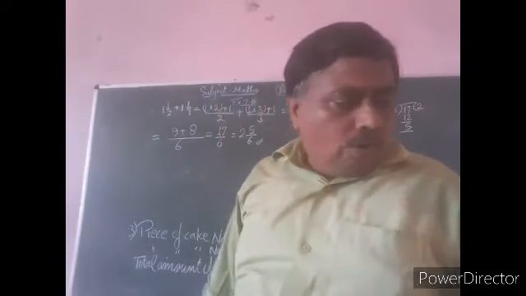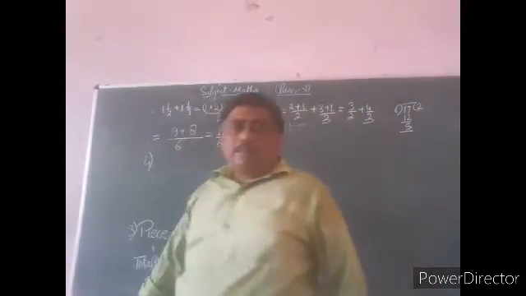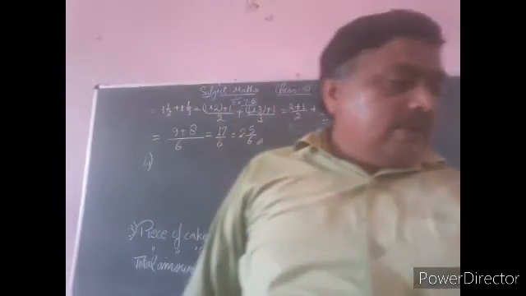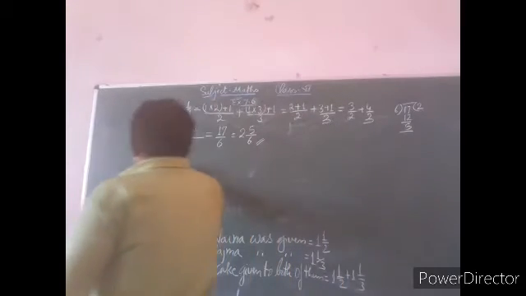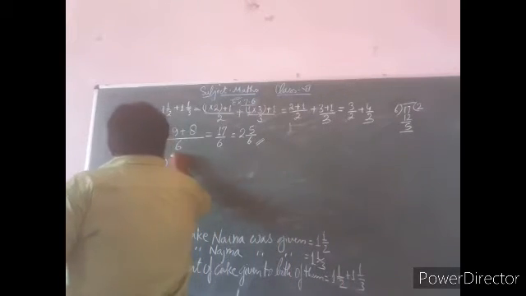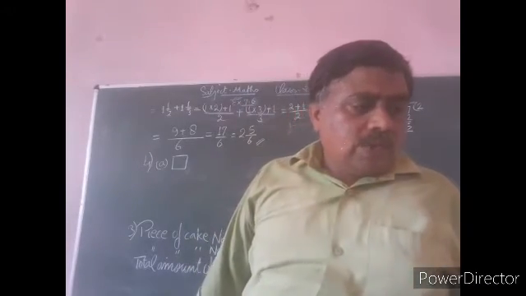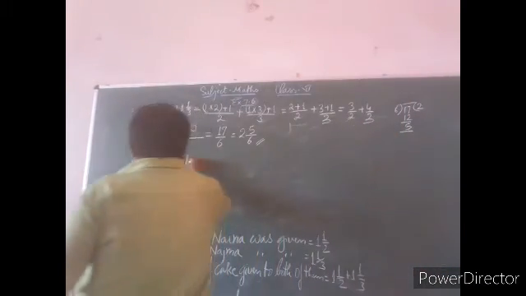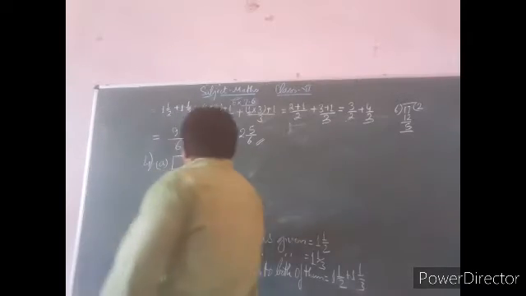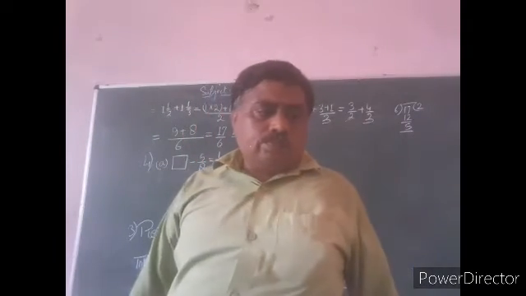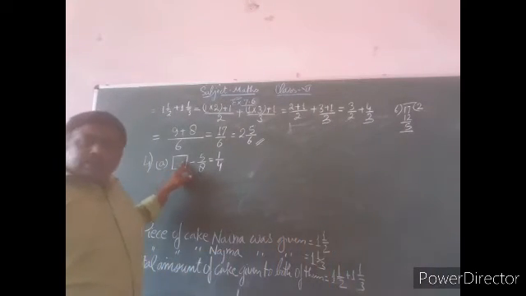Question number 4. Here it is said, fill in the boxes. Here the box is given minus 5 upon 8 equal to 1 upon 4. So you can take here x.